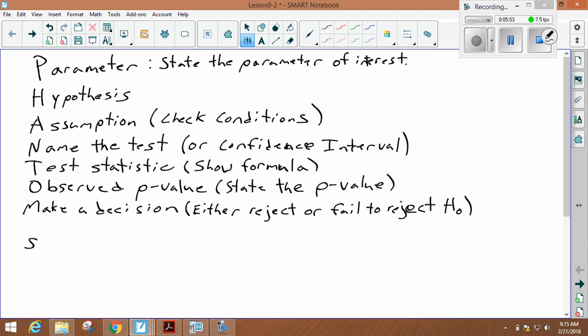Or if you have a confidence interval, you can make a conclusion based on whether your parameter falls in your confidence interval or not, right? So S is going to be state your conclusion in context, always.